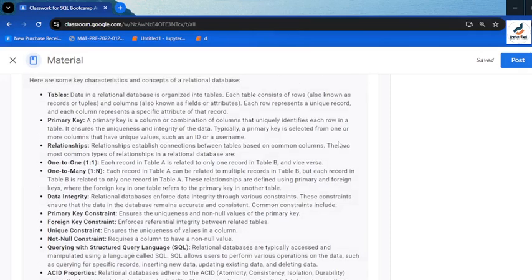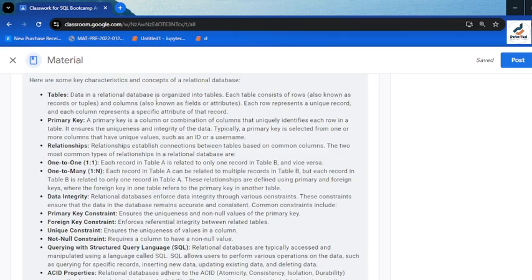So here are some key characteristics. We have what we call tables. Tables in a relational database consist of rows and columns. We have this in our spreadsheet packages, where you see columns and rows. When you have a structure like that and data is stored in it, we can call that structure a relational database.